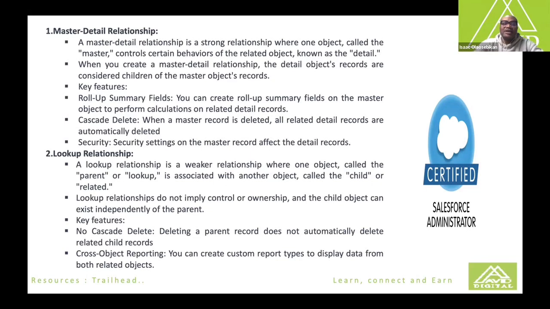Then we have cascade deletes. This simply means that if you delete a master record, the detail records are automatically deleted. If you delete an account object, your opportunity object will be deleted.